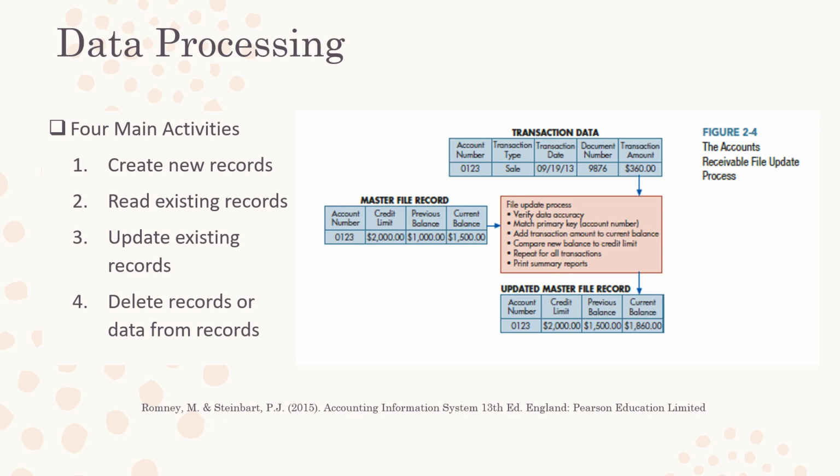Third is updating previously stored data. Say in our figure 2.4, this is updating the existing data of the accounts receivable with the sales transactions. The fourth one is deleting records. Say you want to delete all vendors that are no longer doing business with the company.